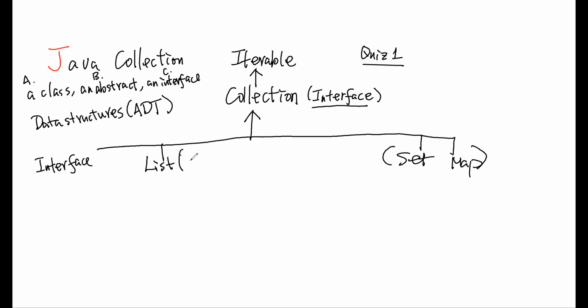One of the list's features is that it supports adding and removing in the middle, and it also supports indexing. So it's an interface, and under it we implement this interface.